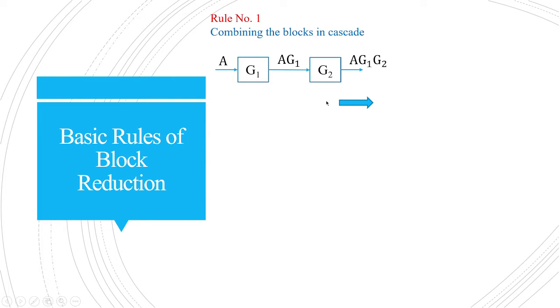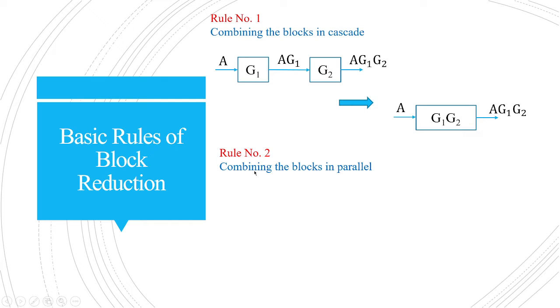This arrangement can be directly reduced to A, that parameter, with the series blocks G1 and G2 directly multiplied, and the output is taken as A G1 G2. So this is how we combine the blocks which are in cascade. This falls under rule 1.